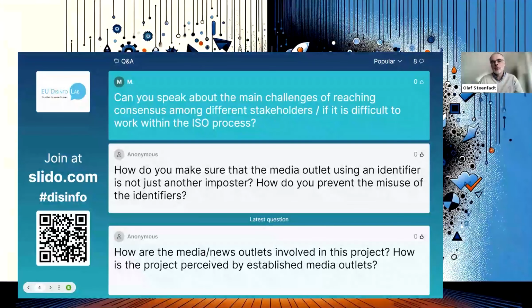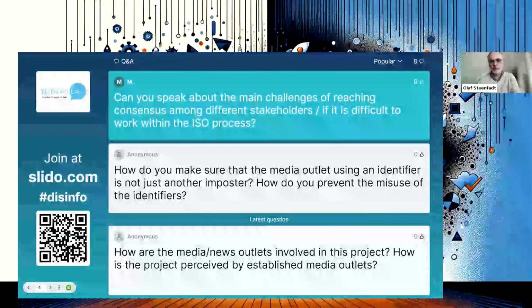So we have a group of stakeholders in this workshop that have no clue or track record whatsoever about media, because they come from the standardization identifier industry or world. They usually work on supply chains and other industries. And they really have to understand what makes the media sector so sensitive and different from t-shirts or, I don't know, petroleum.